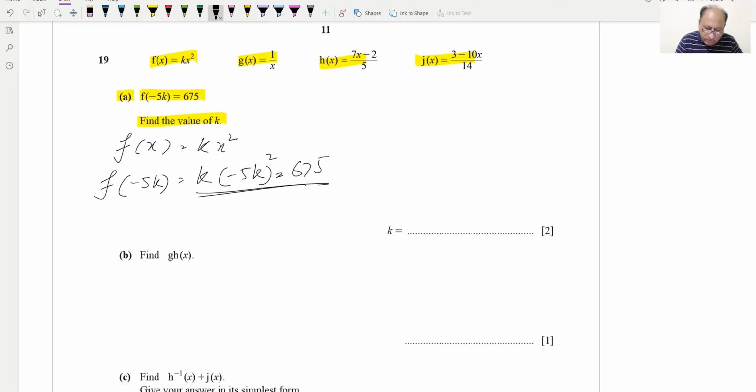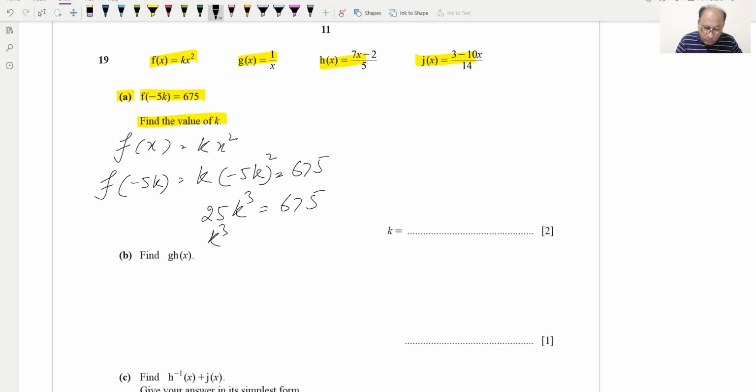So we'll simplify this equation. If we open this one, 5 squared will be 25. So 25k squared into k will be 25 k cubed, and minus squared will be plus, so it will be equal to 675.